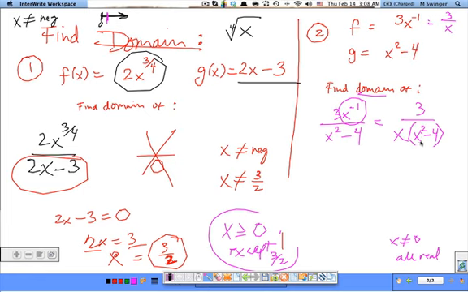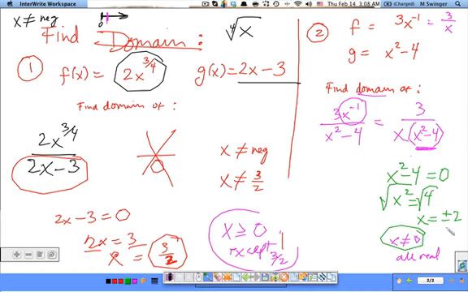Now you can figure out in your head, or just set this, I told you, set that x squared minus 4 equal to 0 and you'll find out what makes it 0. So x squared equals, put this over 4, square root, x equals plus or minus 2. So x can't be plus or minus 2, or it would make it all 0.